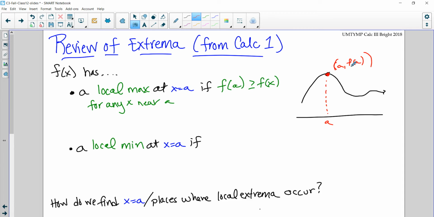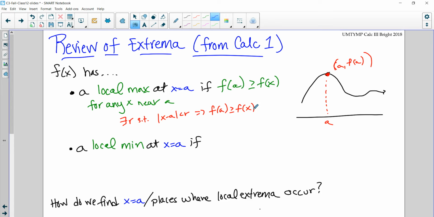Okay. We also have done Calc 2, right? So we might be able to say this symbolically. We could say that there exists a value r such that when the distance between x and a is less than that distance r, that implies that f of a is bigger than or equal to f of x for all x.